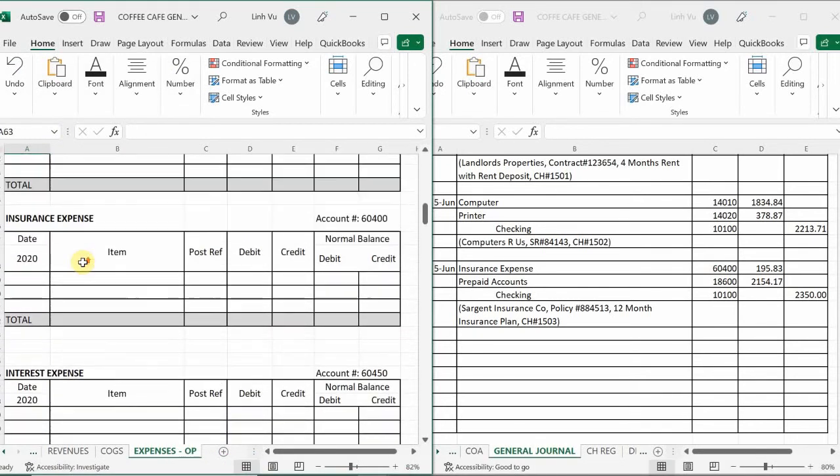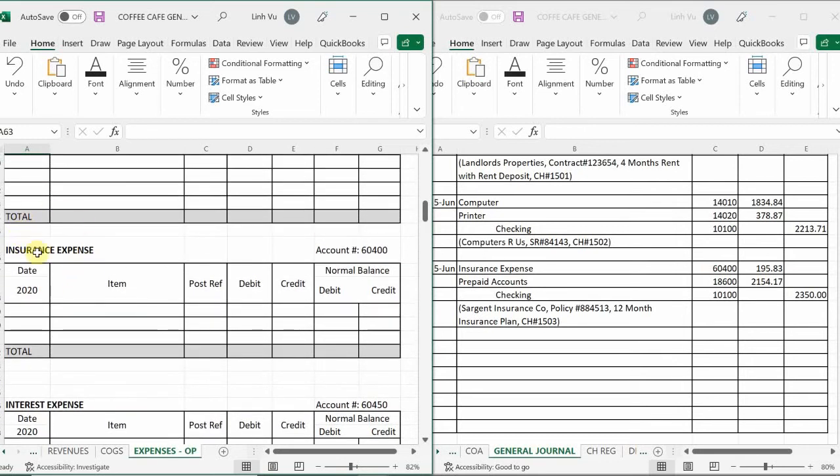I accidentally cut off. Oh wait, insurance expense is right here. Liability insurance for June. Still on General Journal page 1 for $195.83.